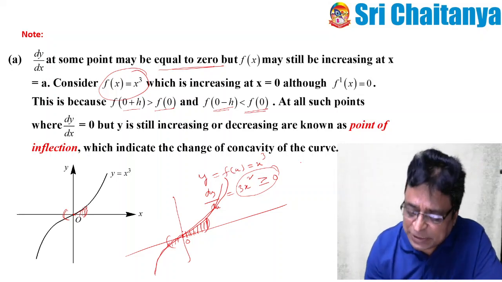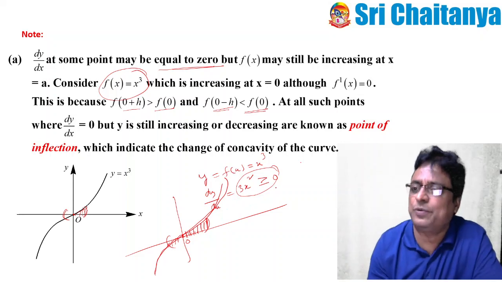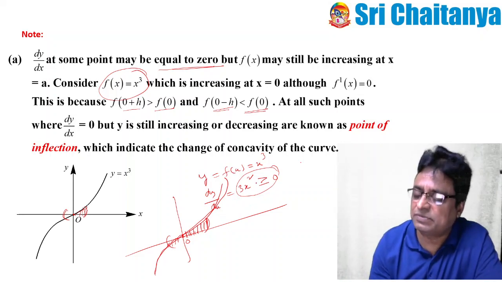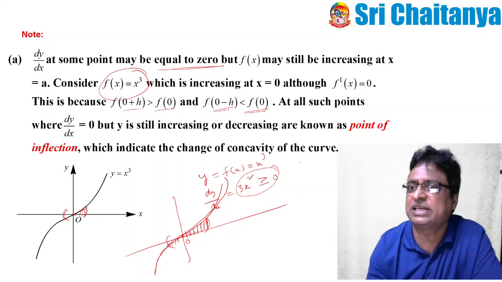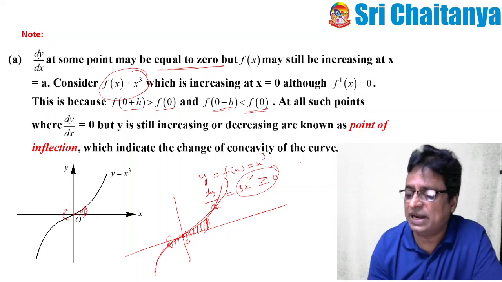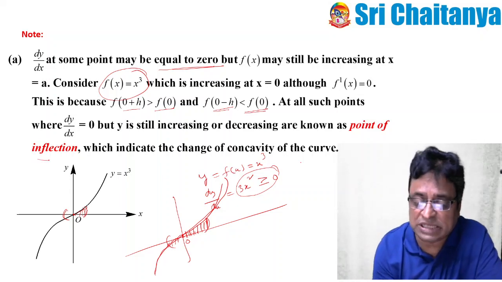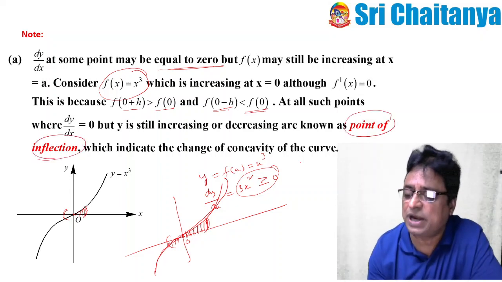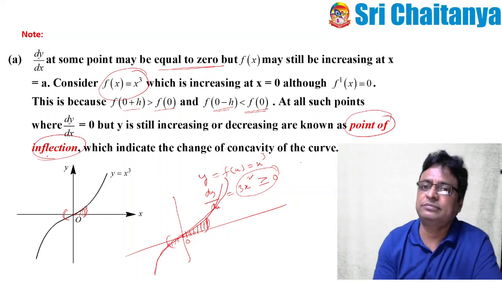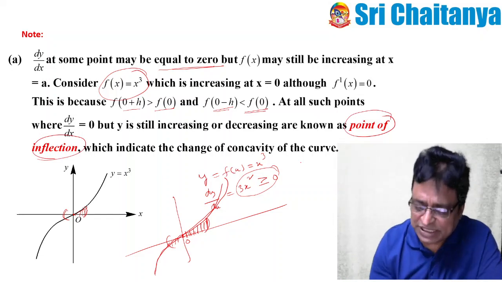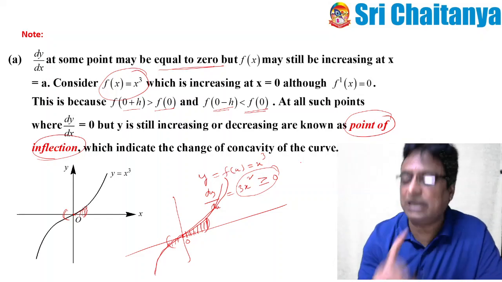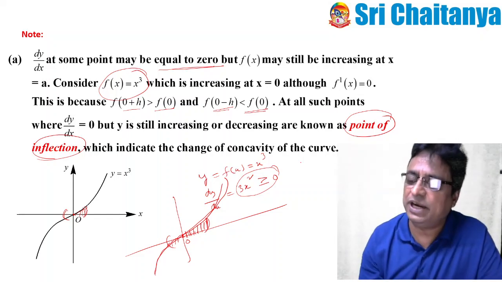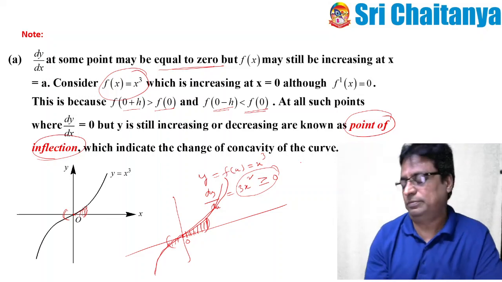So at this point, differentiation becomes 0, and in all other points dy by dx is greater than 0, then that point we can call a point of inflection. So this is one of the best examples of a strictly increasing function, though the derivative of the function is equal to 0.